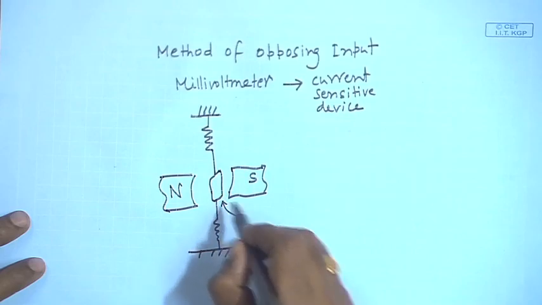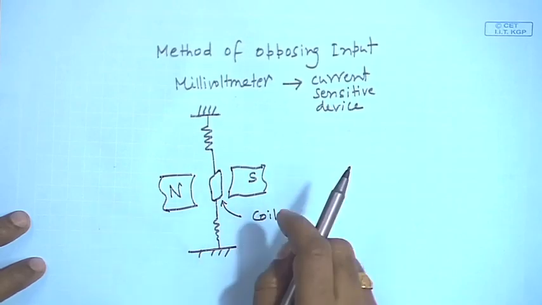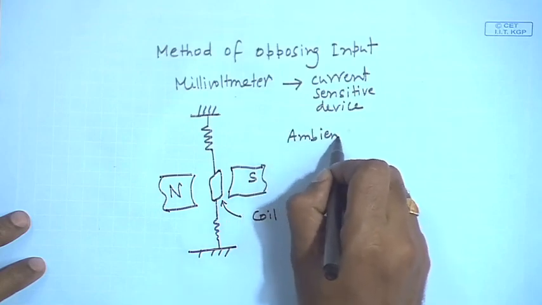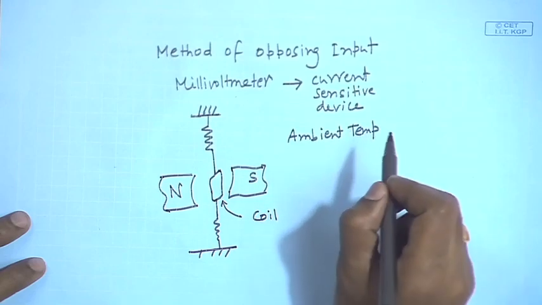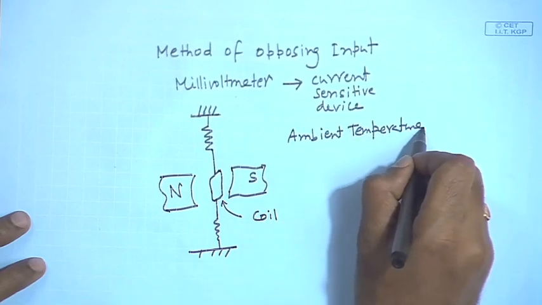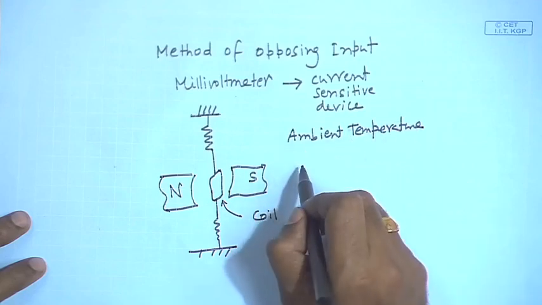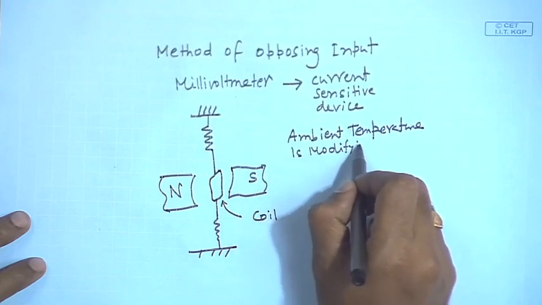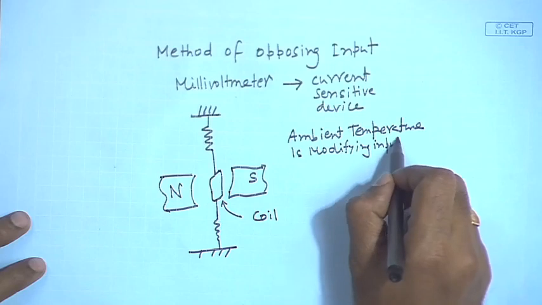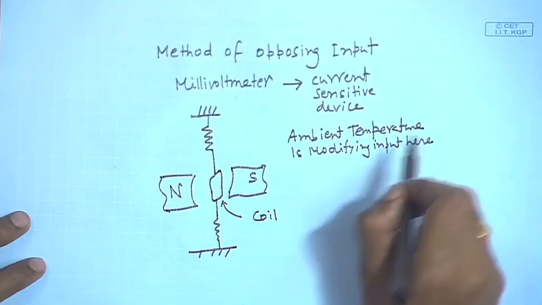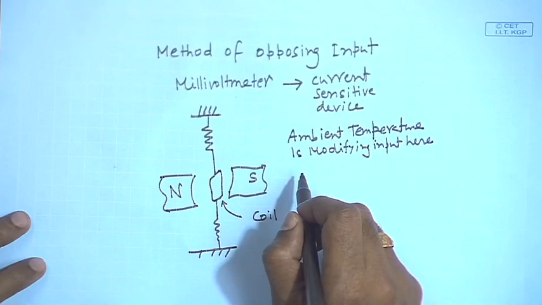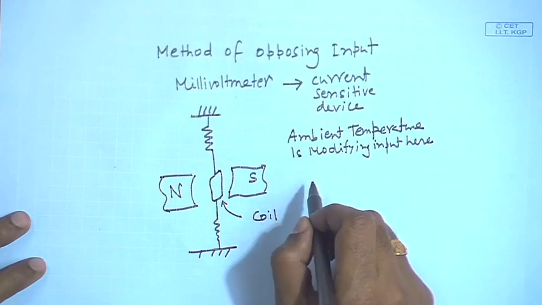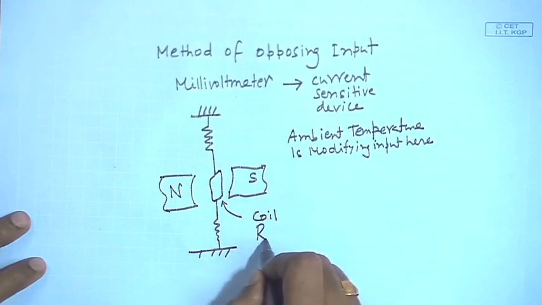So, you have the coil. Ambient temperature works as modifying input here. Because the ambient temperature can cause a change in the coil resistance.